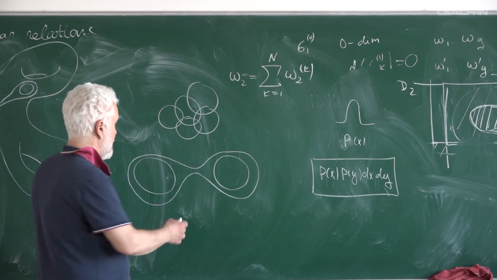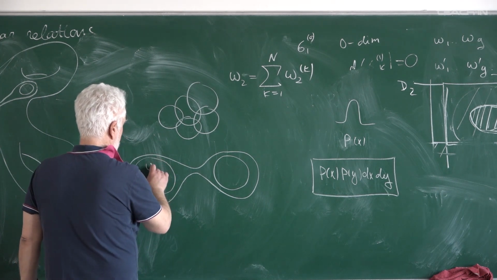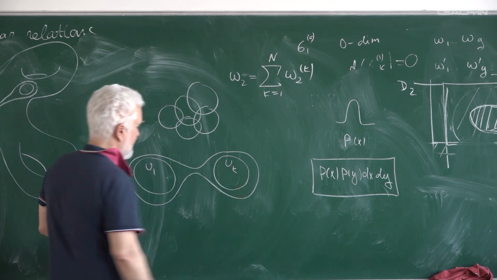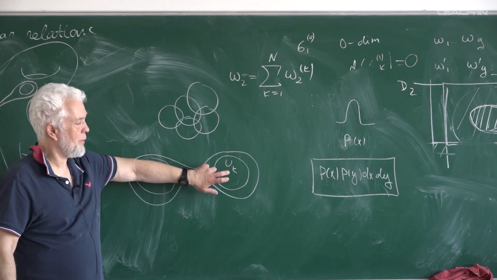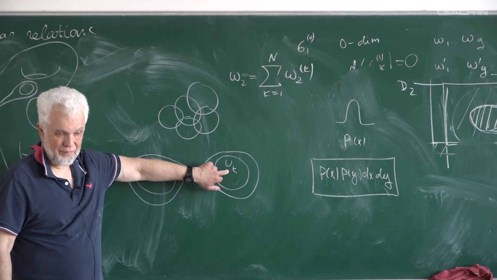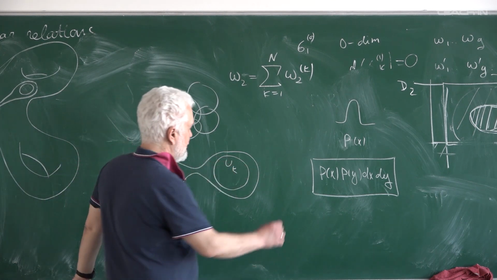Yes, we do the following. We have two areas, for example U1, Uk. We have the form omega k here. Let's denote it omega 0.